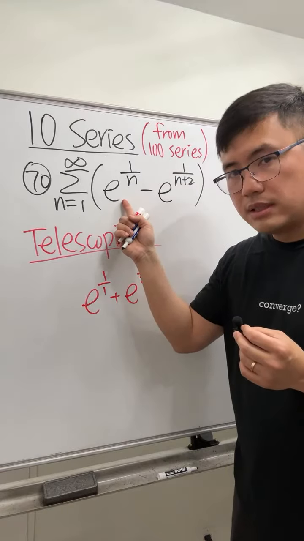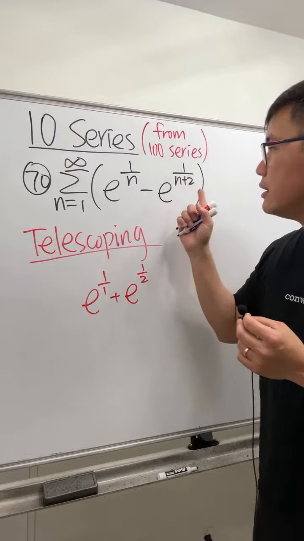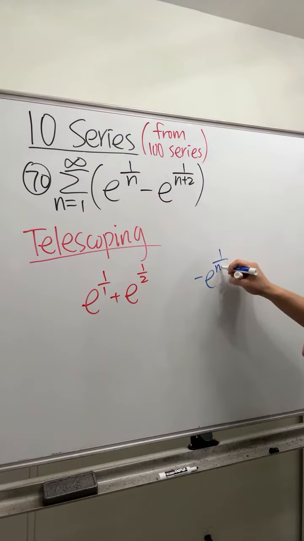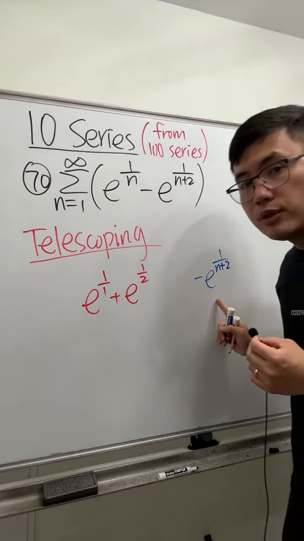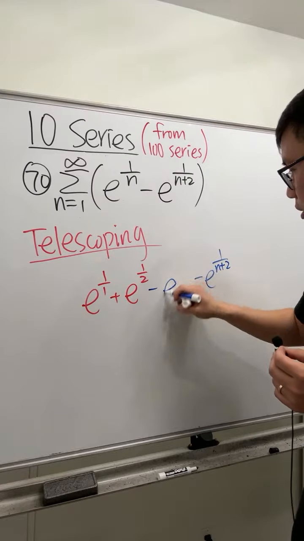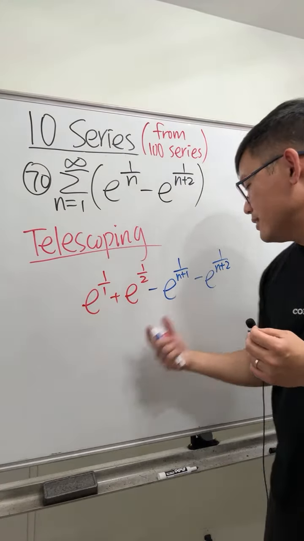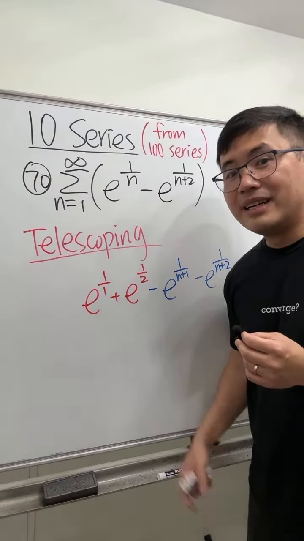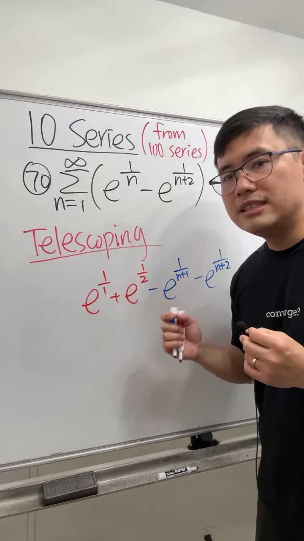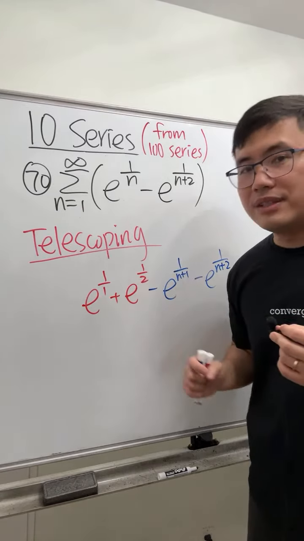Done with this. 2 terms in the front, and then we need 2 terms at the end. This right here, we need to subtract e to the 1 over n plus 2. And we also need to subtract one more term, minus e to the 1 over n plus 1. 2 terms in the front, 2 terms at the end. This gives you the Sn, namely the nth partial sum for this infinite series.